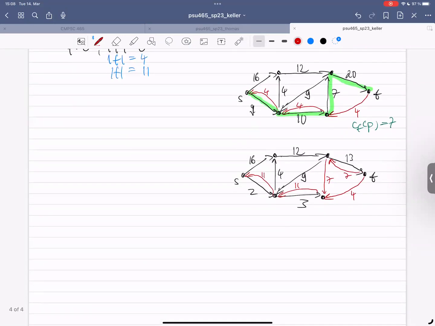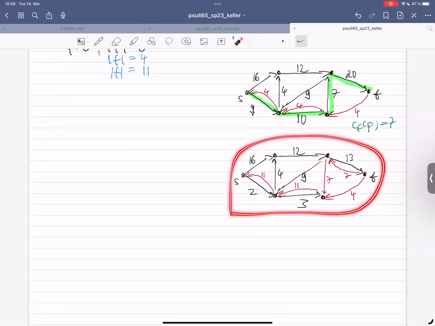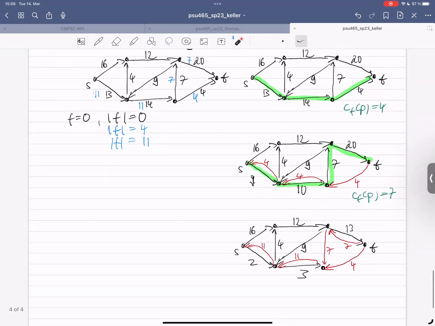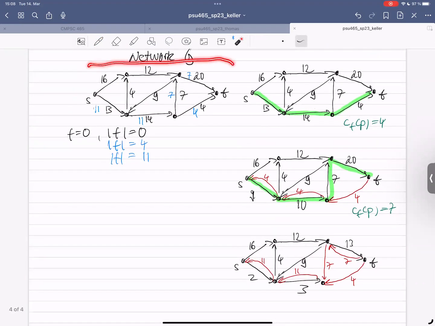So this was our final residual network. Let's check if this is true. This is the original network, and I'm showing the flow in blue. This is from last time. Just to double check, if you look at this edge, for example, we see that we have a flow of 11. So this leaves capacity of 2 in this direction, and it gives us a residual capacity of 11 in the reverse direction. Same is true here.